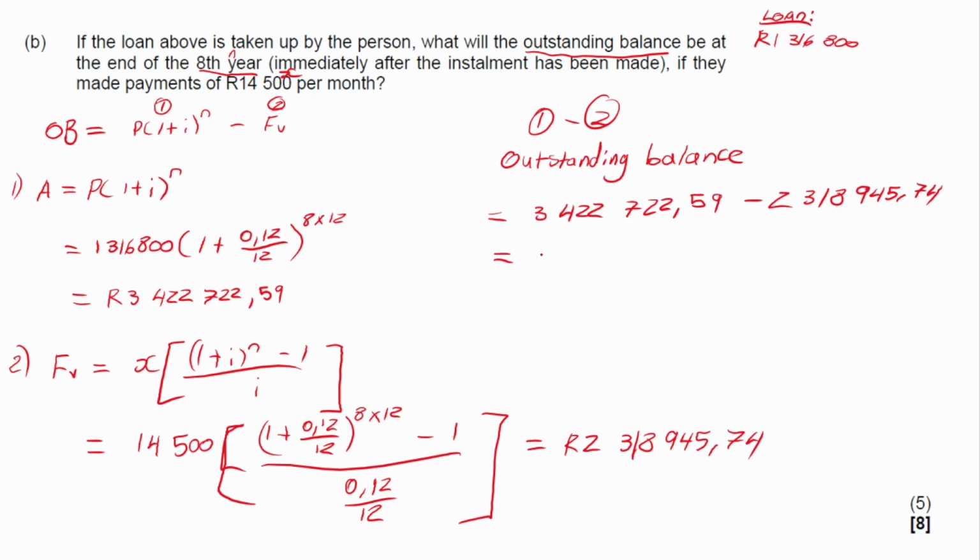And when we do that, we'll find that the outstanding balance on the loan is 1,103,776.85 Rand. Okay, remember the Rand.